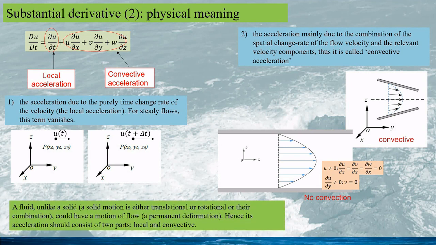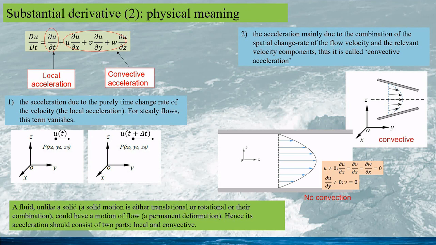The reason for the difference between the fluid motion and the solid motion is because the fluid motion could not only have the translational and the rotational motion as the solid, but also the flowing motion.